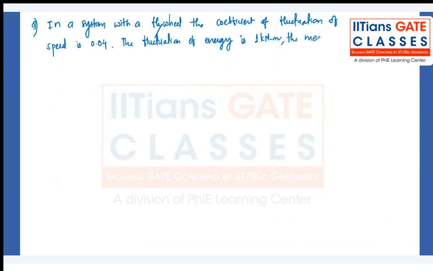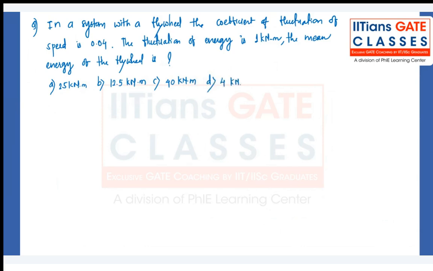The mean energy of the flywheel is: 25 kilonewton meter, 12.5 kilonewton meter, 40 kilonewton meter, 4 kilonewton meter. These are the options. Try to solve this one.